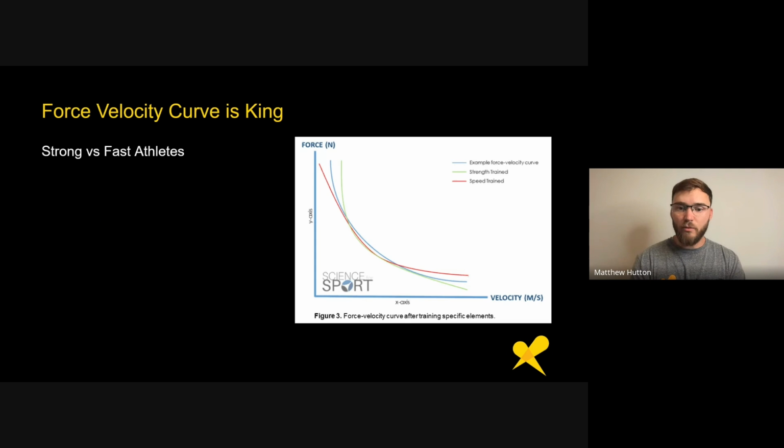So on the far left, where the force is really high, this would be something like a really heavy deadlift or a really heavy back squat, where you've got really heavy weight, but the bar is moving really, really slow. And then typically when you see this curve, people will map out like 2 or 3 different dimensions where you've got true strength, you've got speed strength, or maybe power, depending on the terminology that they're using. And then you've got true speed all the way at the end.